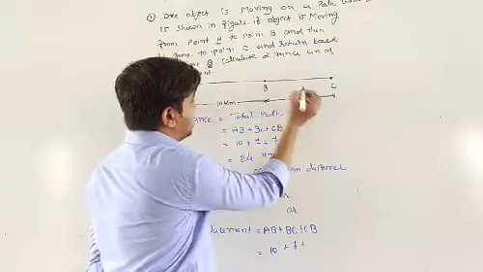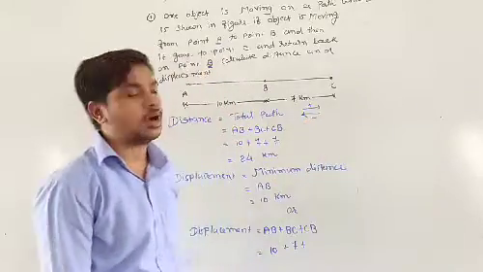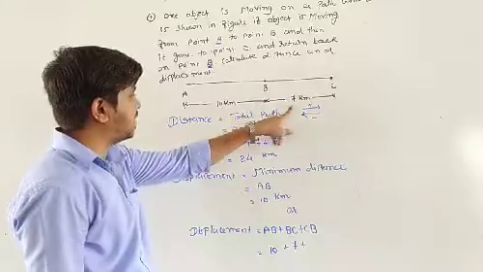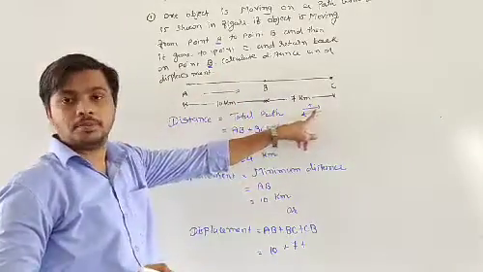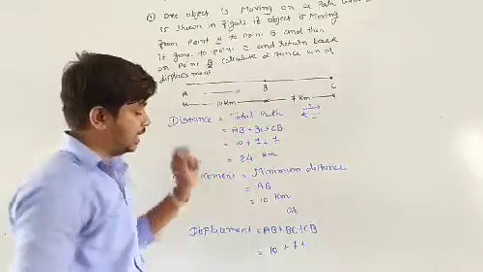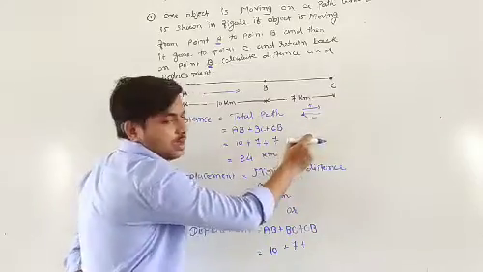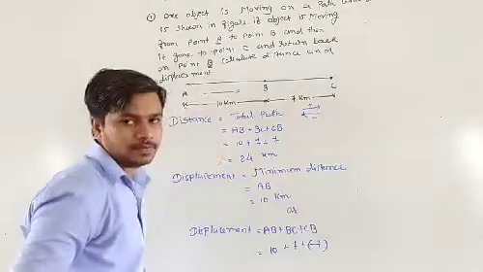If we take this direction as positive, then the opposite one you have to take as negative. When it goes in this direction we take it as positive, and when it returns back, we take it as negative. So BC is 7 and CB, which returns back, is minus 7.